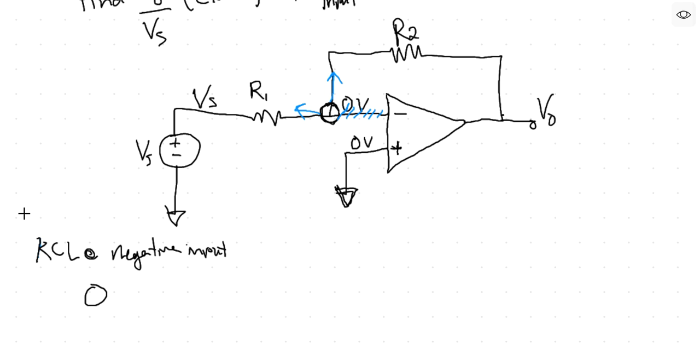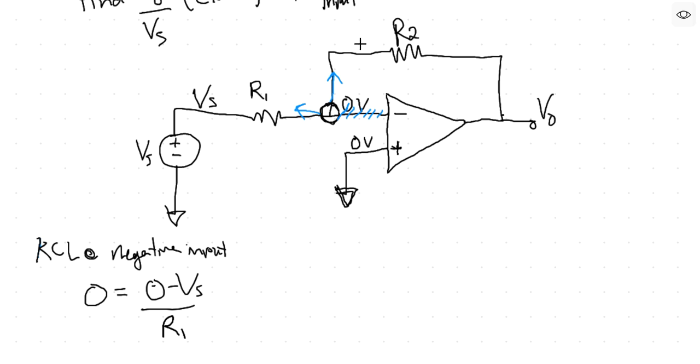So 0 equals this current leaving, so starting here and leaving from right to left is, in terms of Ohm's law, 0 minus Vs over R1, right? As a reminder, I'm putting currents in terms of voltages and resistances, just like Ohm's law tells me to do.